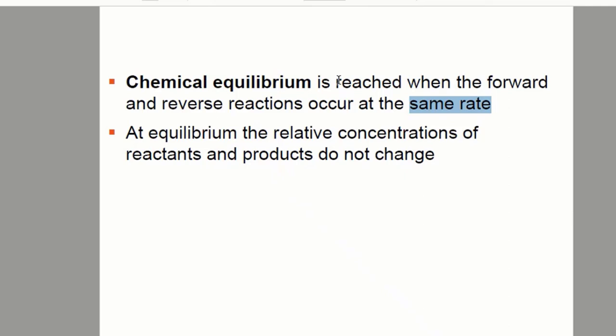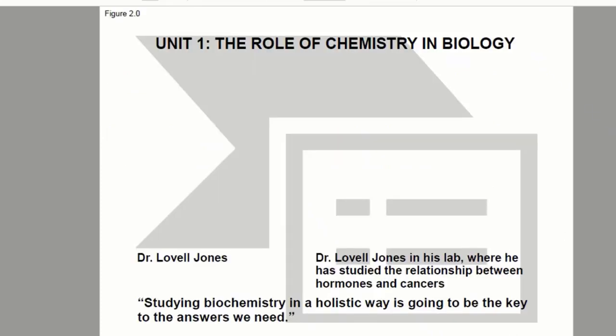Because sometimes your examiner will describe it as a point in a chemical reaction where the forward reaction and the reverse reaction occur at the same rate, or at the same time, or at the same speed. Or you may use the fact that the reactants and the products occur at the same time. Just know that he's describing chemical equilibrium.